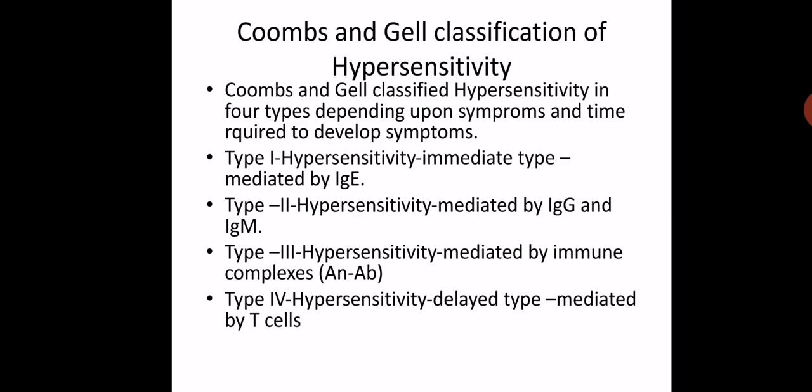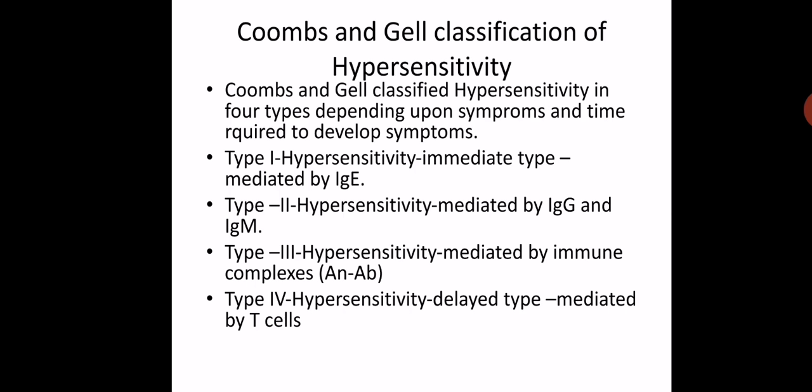Type 1 hypersensitivity represents the immediate type of hypersensitivity. Here we observe that as soon as the antigen enters our body, there is immediate development of response, development of certain types of reactions. So it is called immediate type of hypersensitivity.